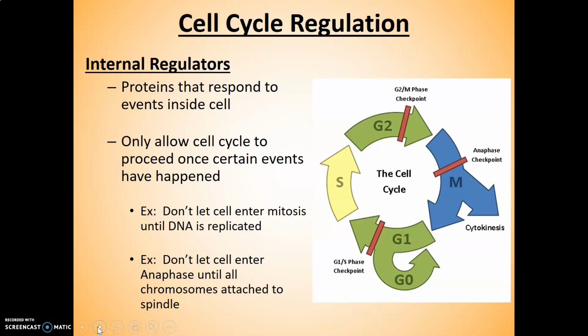So we talked about if the DNA was replicated correctly. If it hasn't, it's not going to let that cell move to the next phase, okay? So these proteins are regulators, and they're the ones responsible to allow the cell past a checkpoint throughout the cell cycle.